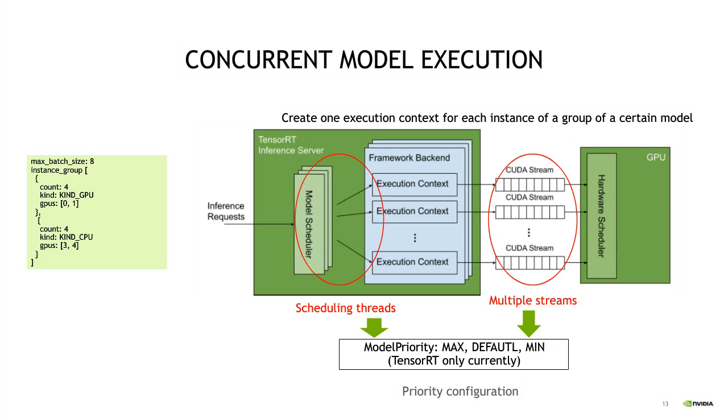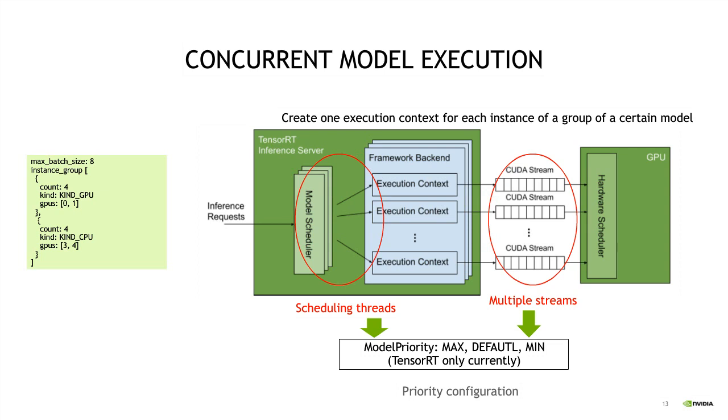And in Triton Inference Server, usually we will have multiple execution contexts, and we will assign a single thread for a single execution context. And usually we will arrange one CUDA stream for that. So we have multiple threads to do the scheduling, and we have multiple streams to run the tasks on the GPU simultaneously.